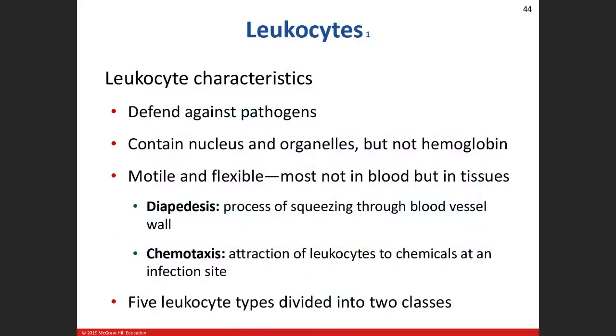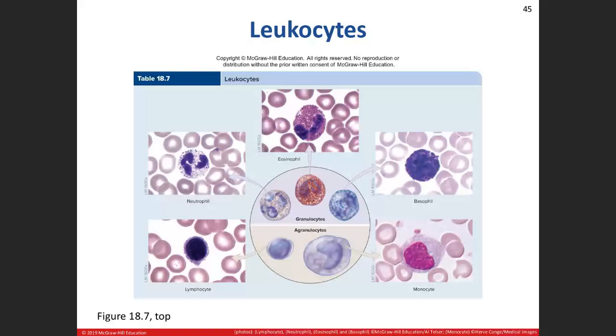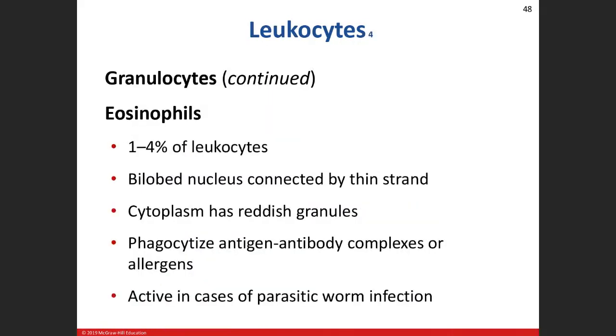I'm going to go back, I promise. You can see that right here on this slide: one lobe here, another lobe here, and a tiny thin strand right in here. In our drawing, you can kind of see it right here. That's for the eosinophil. Eosin is a red staining dye for our slide preparation.